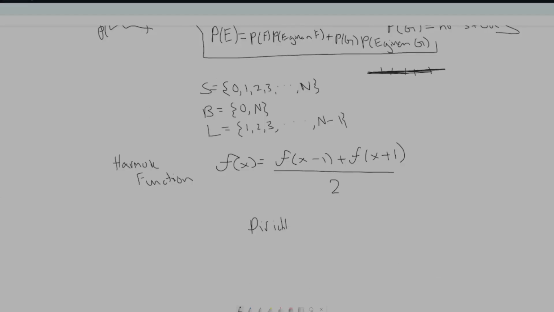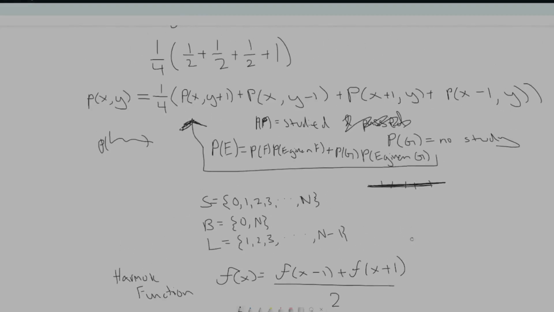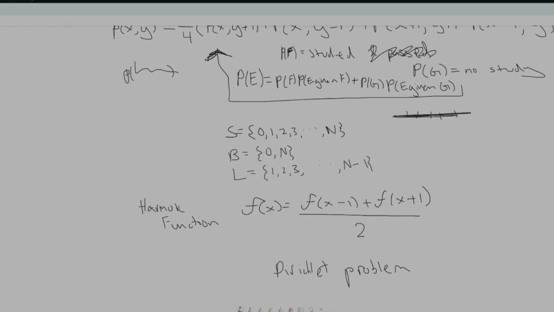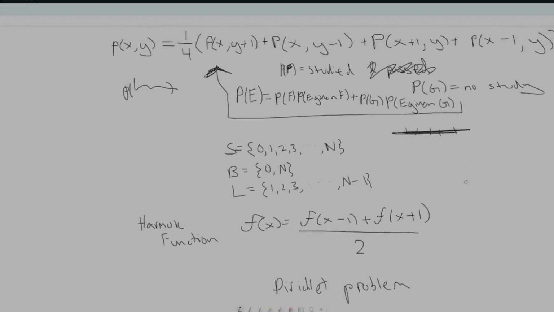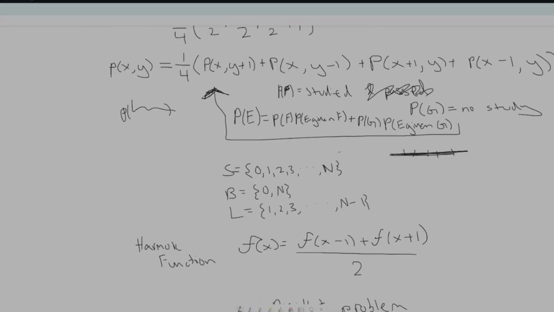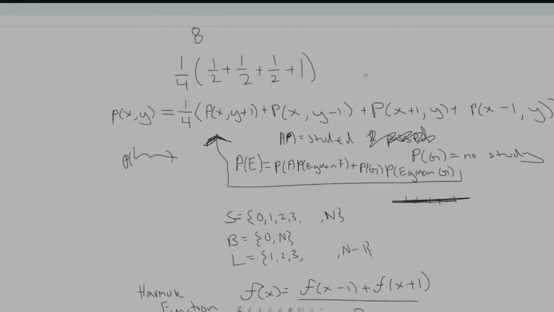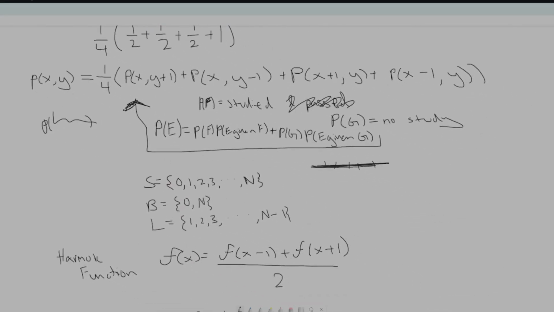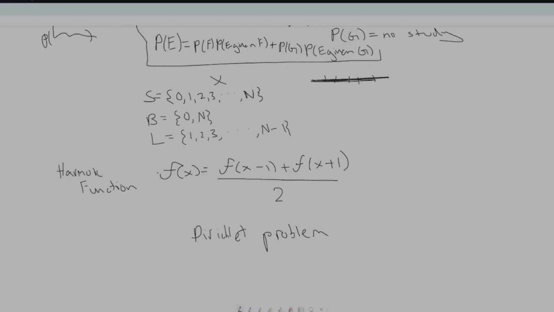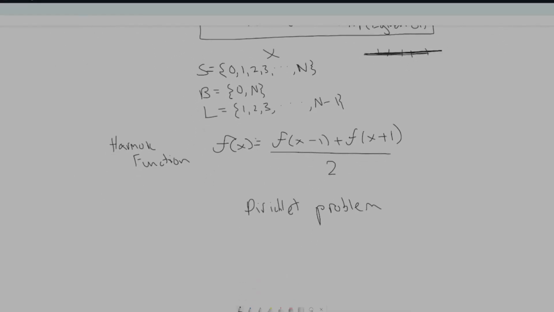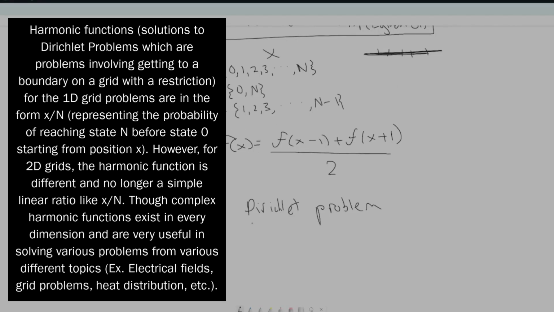These Dirichlet problems ask, if I have some set like this, and a question asking what is the probability of getting to one of these boundaries inside of this set, starting from some point x, it basically asks what the harmonic function is for one of these sets. That's basically what the Dirichlet problem is asking.